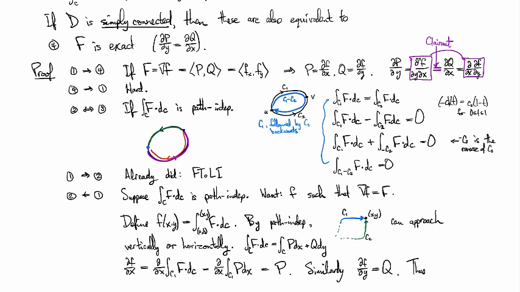That shows that F is the gradient of this little f. Okay, so that's as much as I want to get into in terms of the proofs. Next, we'll just look at how to apply this theorem in a bunch of examples.